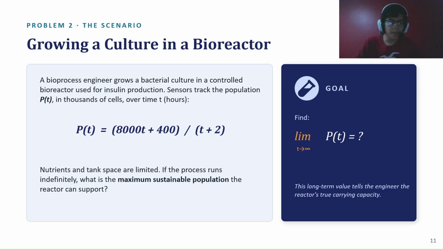Here's the formula: P of t equals (8,000t plus 400) divided by (t plus 2). Nutrients and tank space are limited. If the process runs indefinitely, what is the maximum sustainable population the reactor can support?